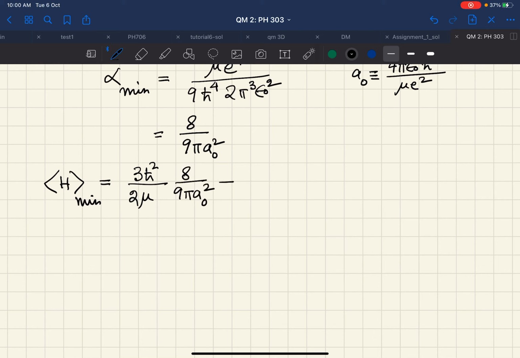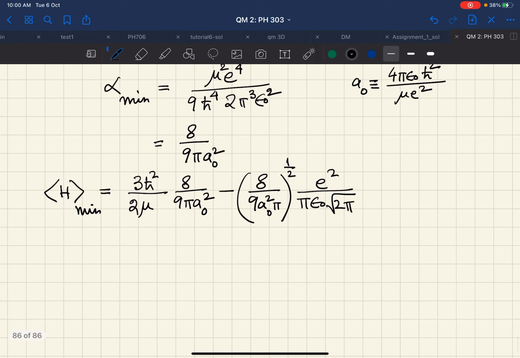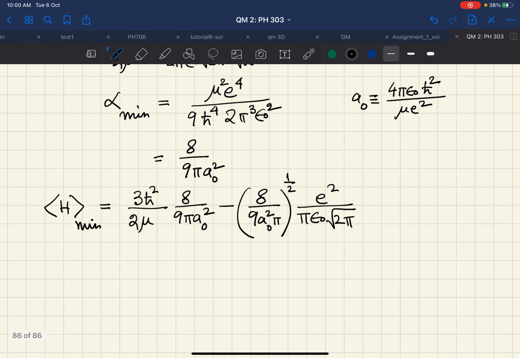And now what we do is that we again write back the expression, or replace the a naught in terms of this, and the final result that one obtains of this calculation is of this form: mu e to the power 4 by 4 pi epsilon naught whole squared into 2 h bar squared into 8 by 3 pi.